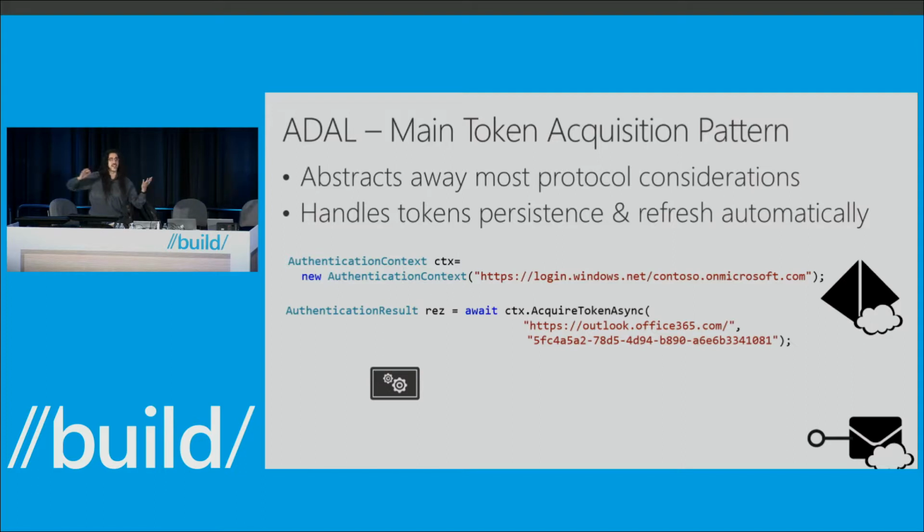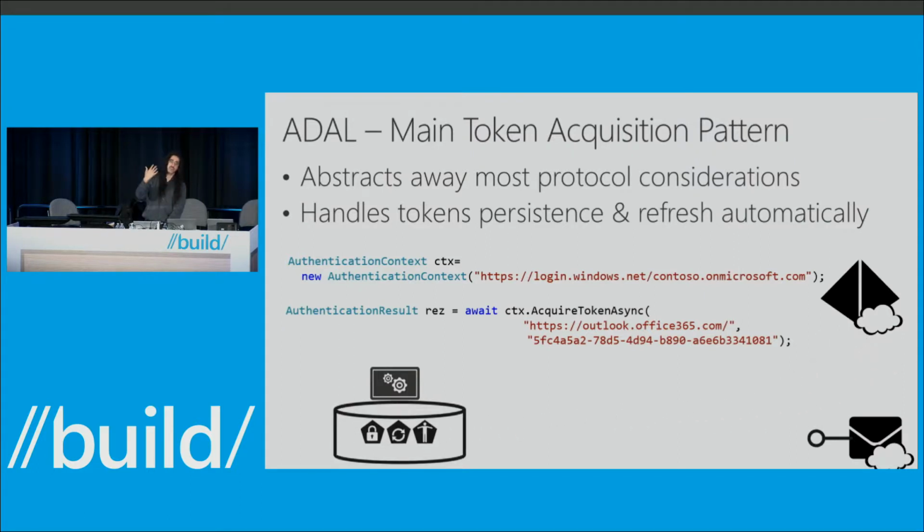This thing came earlier than the stuff that came out for Windows 10. In this part, we just specify what is the resource that we want, in this case Exchange, and the identifier of a client. And the result is represented by this authentication result. It has tokens, it has information about the user, and so on and so forth.